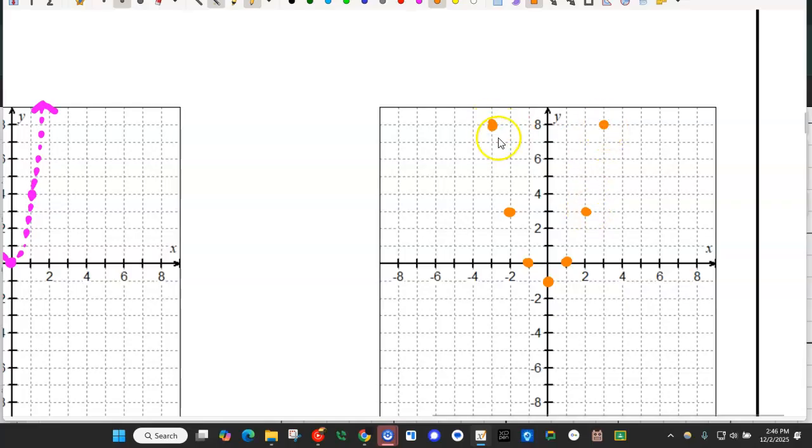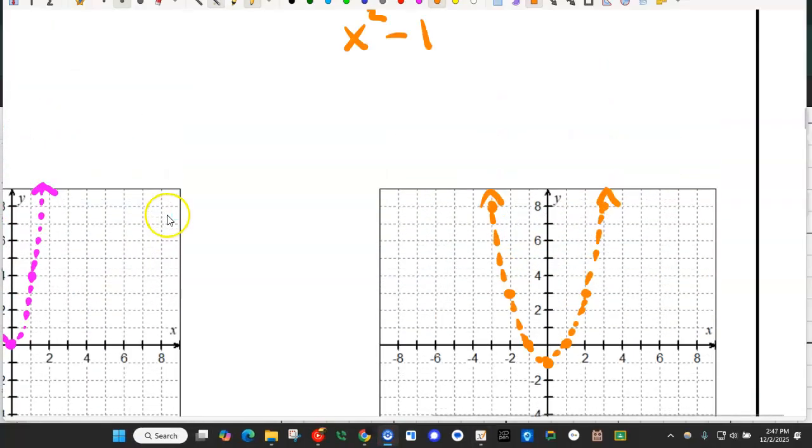So compared to the first one, everything has just moved down 1. There we go. And this would be a translation of 1. Okay, so good. And make a note of that translation 1 unit down. So write that out as well.